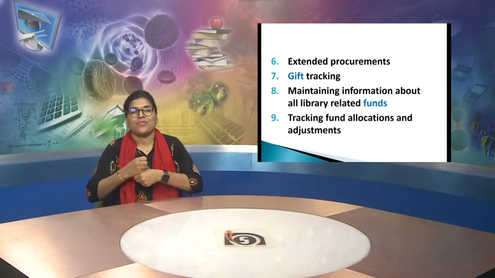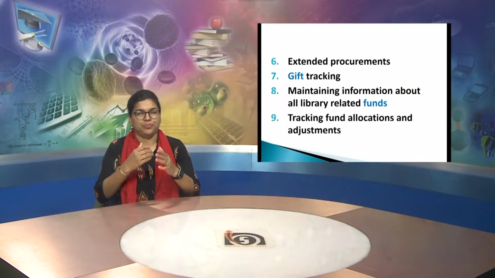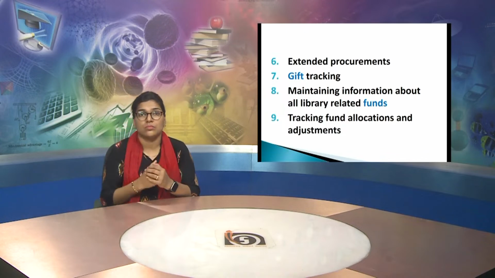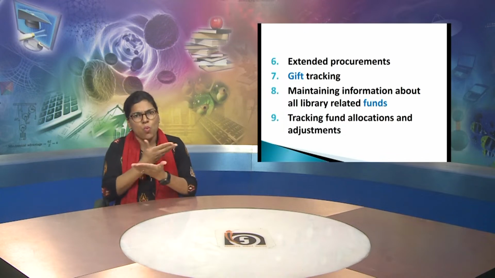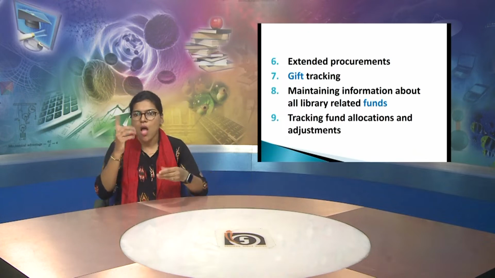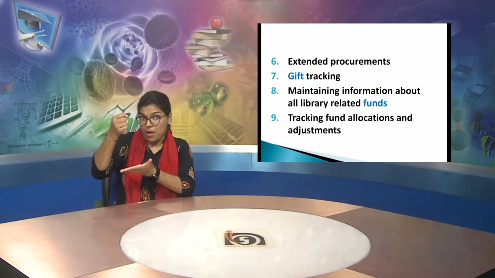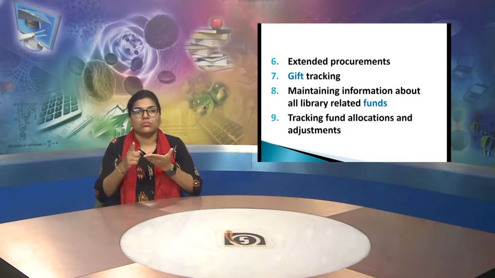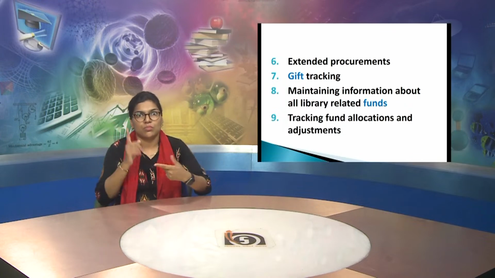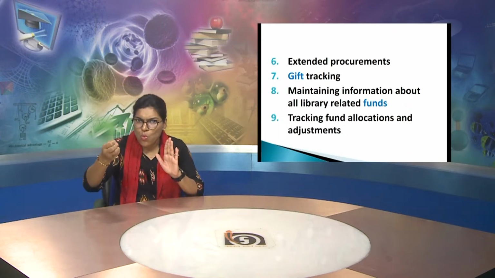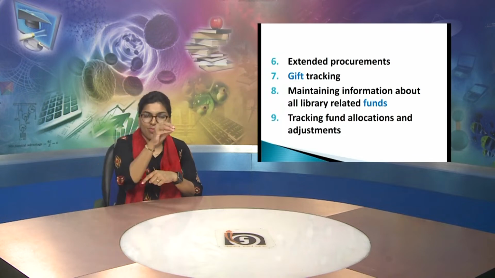Because this library automation system is a big system and there is so much work, gift tracking services are provided in this system automatically. Next, the 8th is maintaining information about all library related funds.